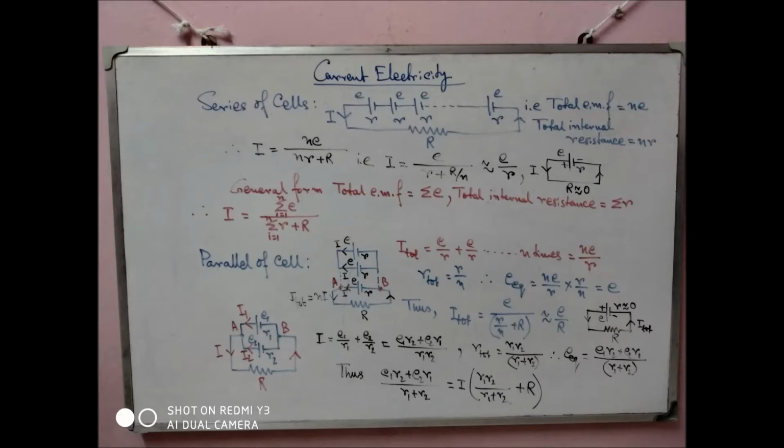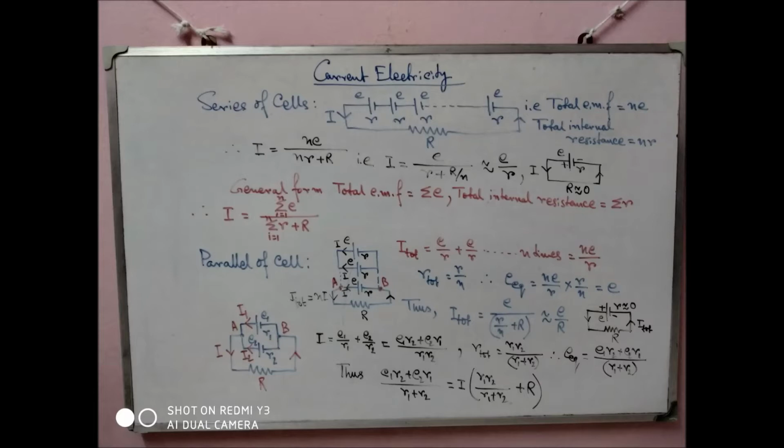So what is that value? nE by R plus R by n, n cancels out, R cancels out, E. That means ultimately we get the conclusion that whenever similar EMFs are connected in parallel, it behaves like a single cell with EMF E, but the internal resistance will be R by n, because resistance in parallel is R by n.